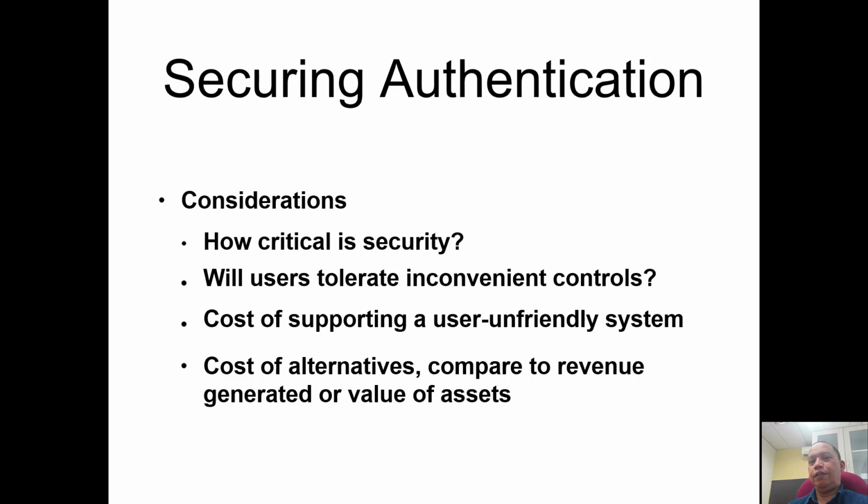What is the cost of supporting a user-unfriendly system? It's not straightforward anymore. We need to use various attempts or various pages to log in. Sometimes people tend to be confused by this requirement.